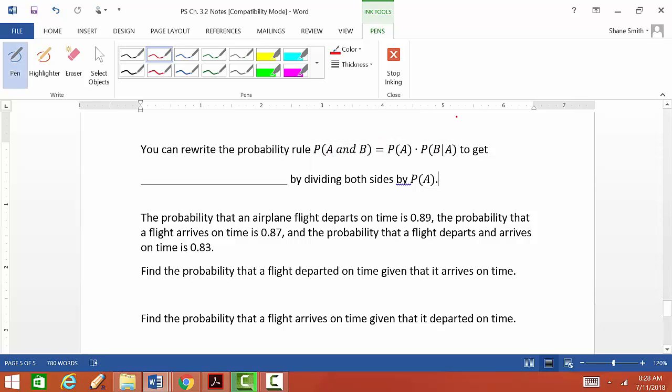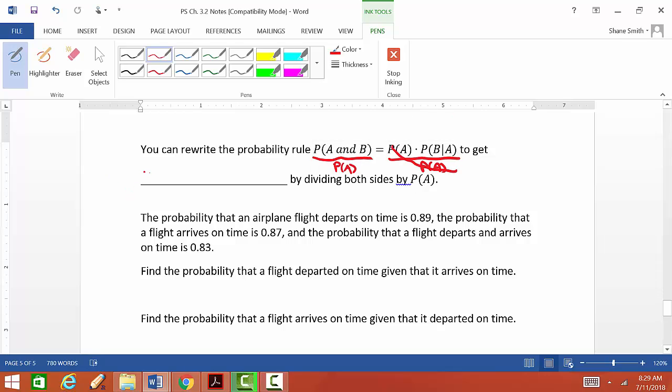is equal to the probability of A times the probability of B given A. And if you take this equation and you divide both sides by the probability of A, the probability of A over here gets eliminated.